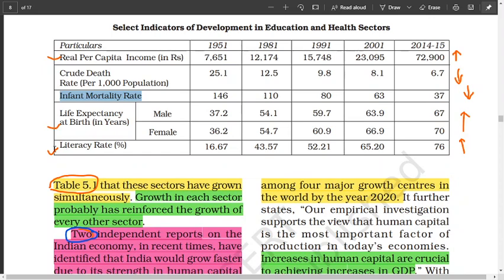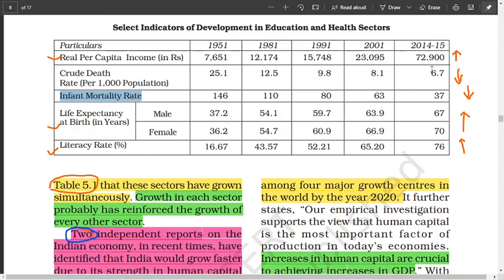Let's look at education, the last rows. Looking at the literacy rate, from 16 to 76. What do you see? There is an increase in education, and it corresponds to the increase in income.